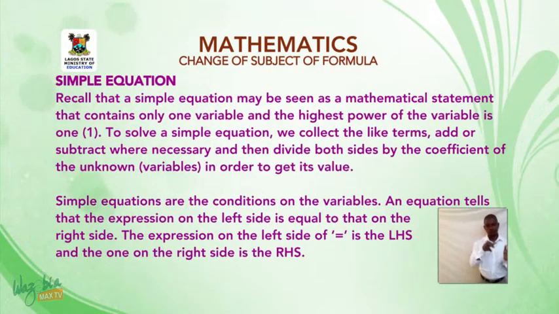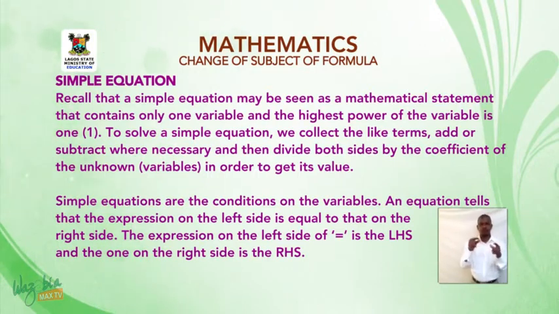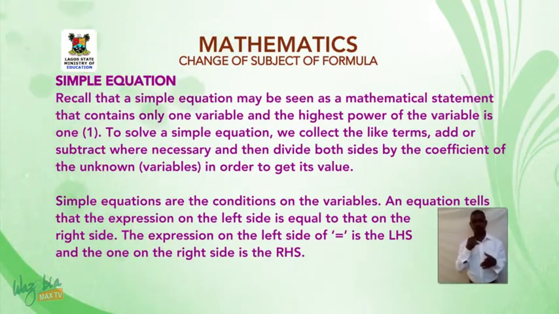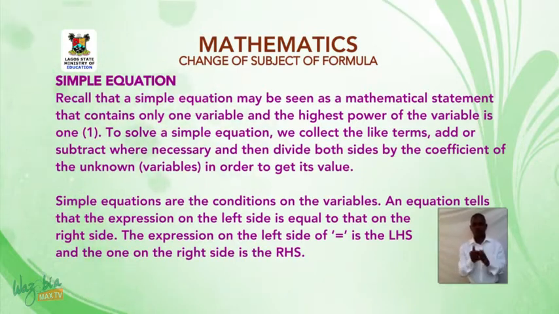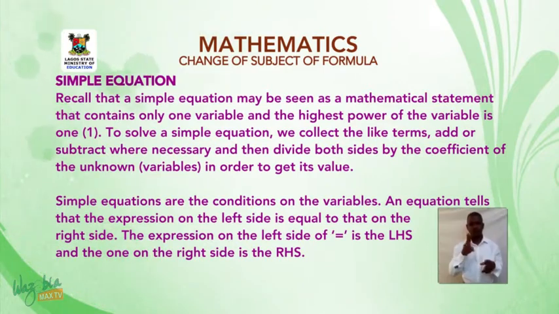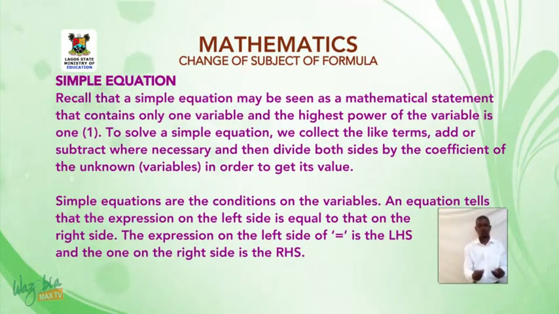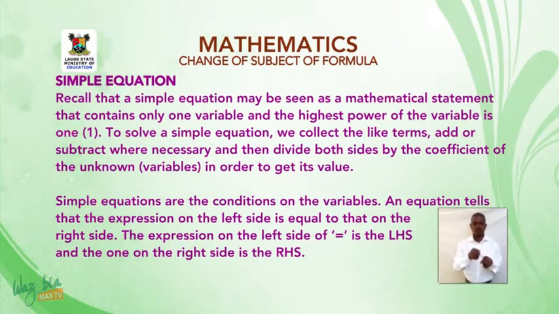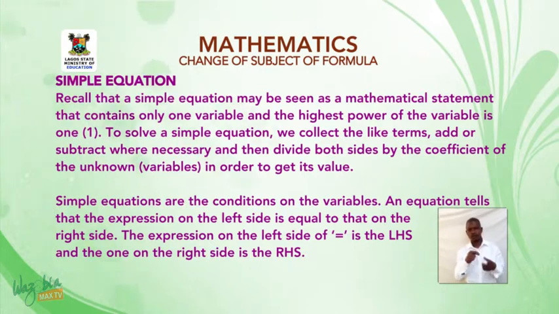Simple equation. Recall that a simple equation may be seen as a mathematical statement that contains only one variable and the highest power of the variable is 1. To solve a simple equation, we collect the like terms and add or subtract where necessary, and then divide both sides by the coefficient of the unknown or variable in order to get its value.